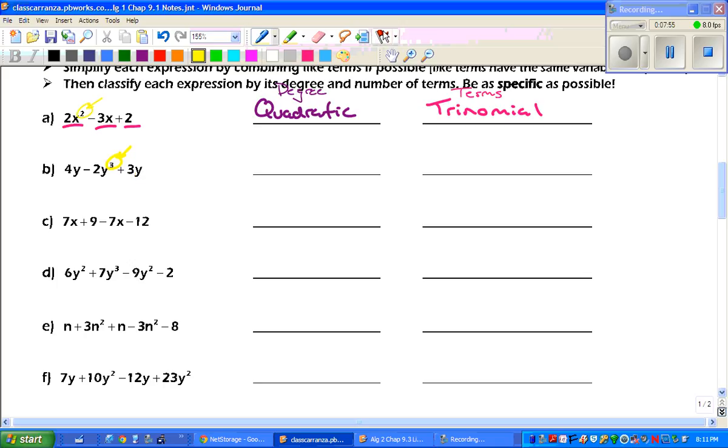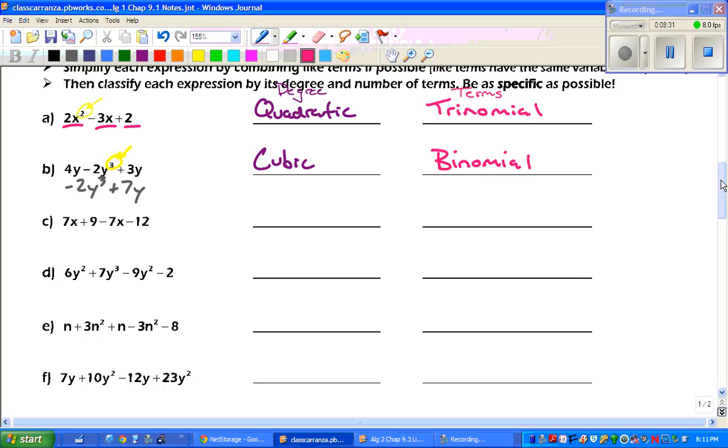The highest degree is 3, which means that it's cubic. But when I look at the number of terms, the 4y and the 3y, can I combine those to where it would be 2y cubed plus 7y? So that would be a cubic binomial, because we're simplifying it.